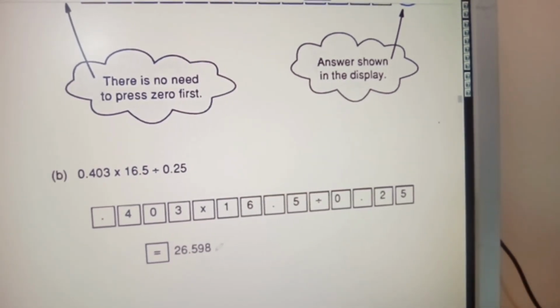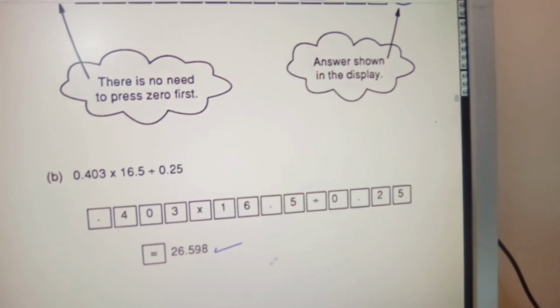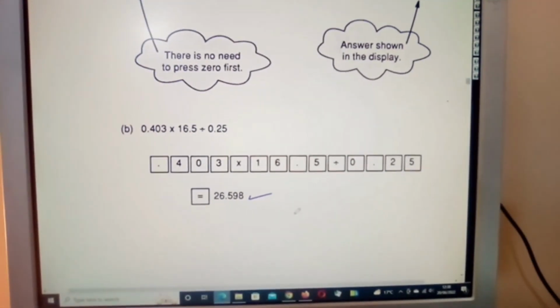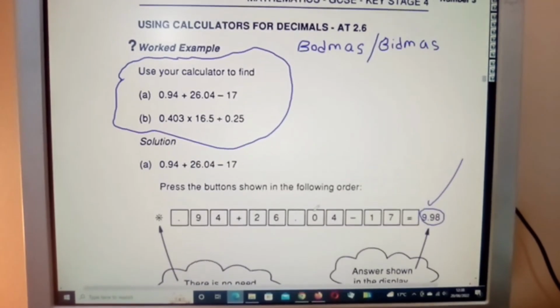That is exactly correct. Smack on. Now make sure you've got these yourselves in your correct places, and that will be it for today's session.